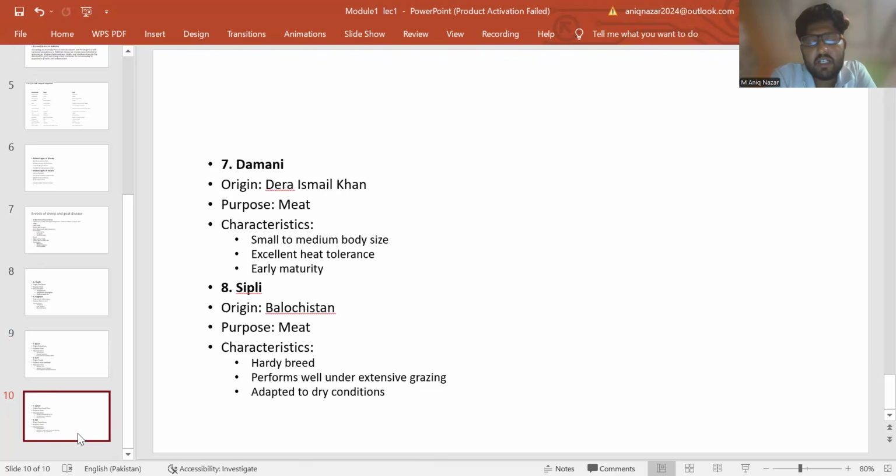You can say that if there are a lot of pastures, a lot of open areas where sheep can graze freely, they gain a lot of weight and have good weight for slaughtering on Eid ul Azha, as their meat has a good taste. And last, they can adapt to dry conditions.